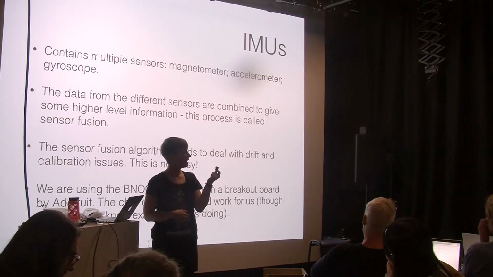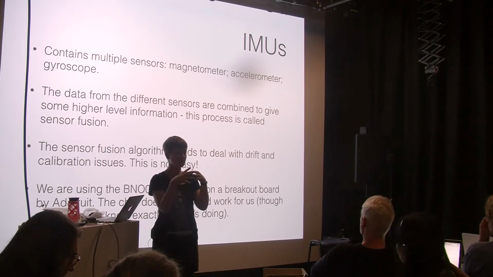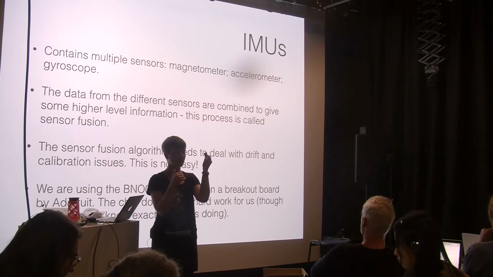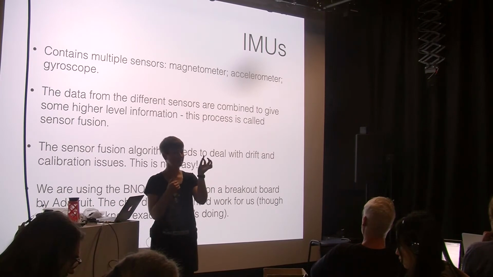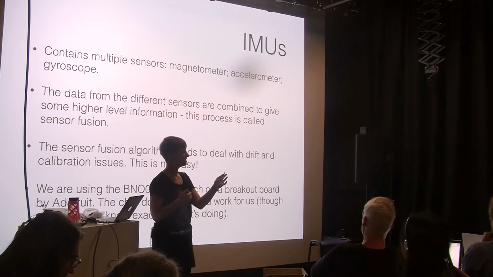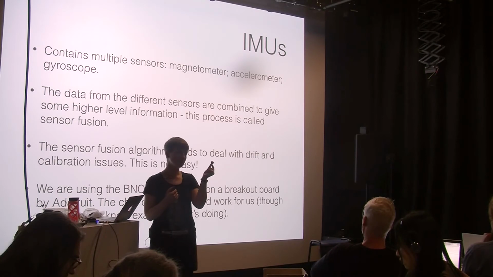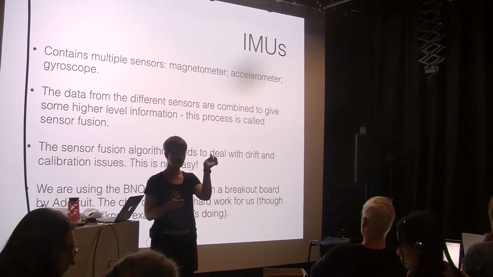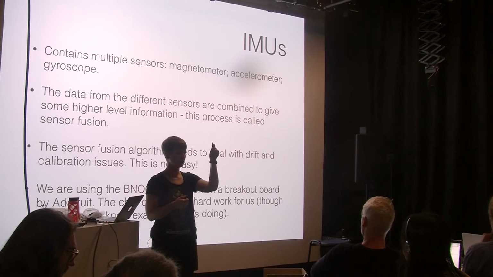That's everything. And so putting all of that data together to then say the object is here in space with this orientation is actually really hard and really tricky. And so what is really nice about this sensor, and why it costs a bit more than just getting any of those sensors separated into separate things, or even a cheaper IMU, is that it does what's called the sensor fusion on board, on chip.